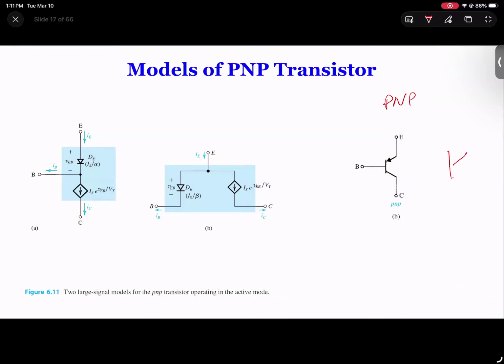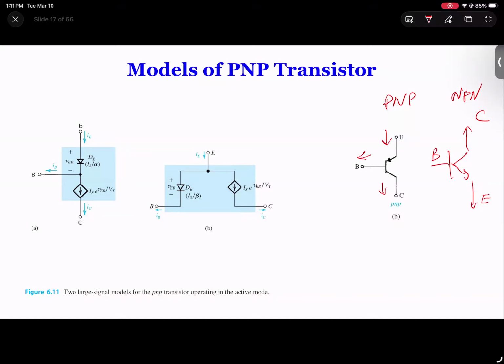So if I draw here NPN, so that's side by side. This is the current from emitter. So if you look at the relations for this one, you see from emitter flowing down, it's collector and base.